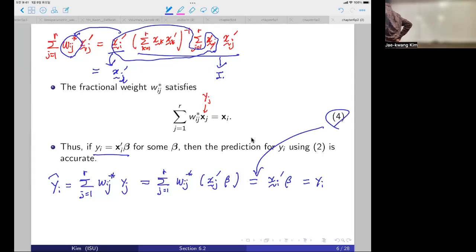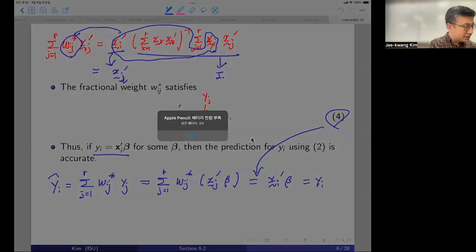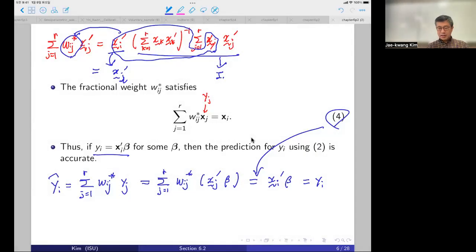So basically, yi hat, the imputation for yi, is exactly equal to yi. So no error. So you have a perfect, I mean, very accurate imputation. So that is actually comforting. I mean, that is good news.